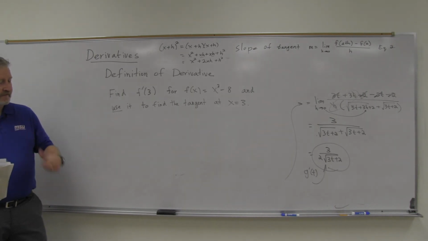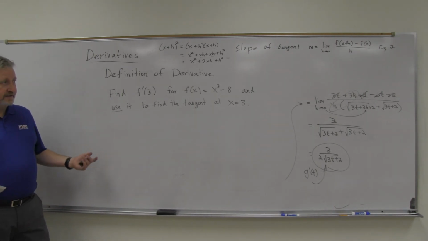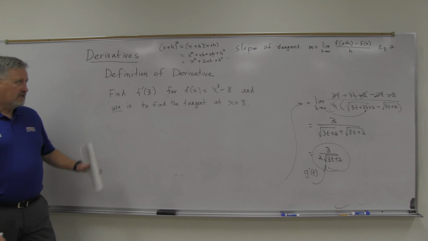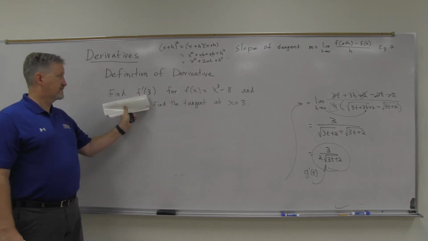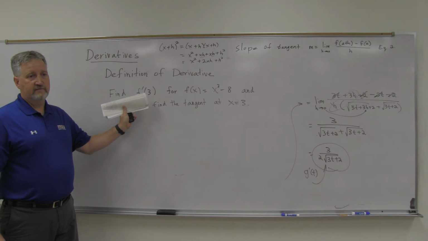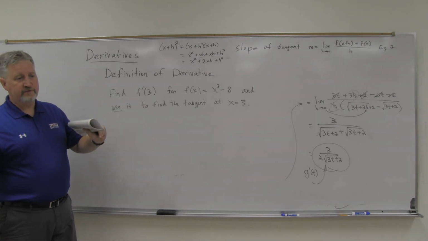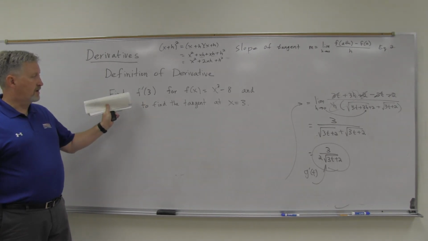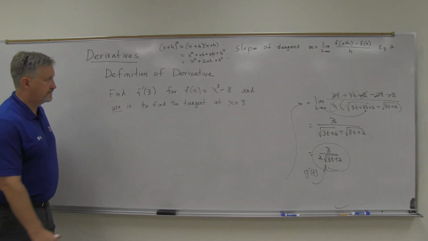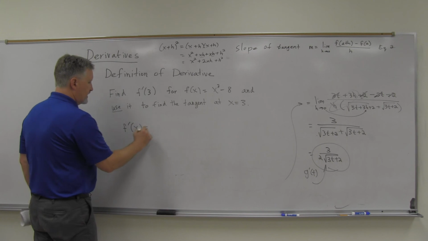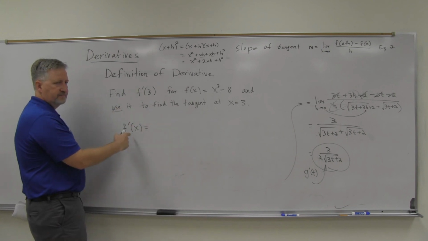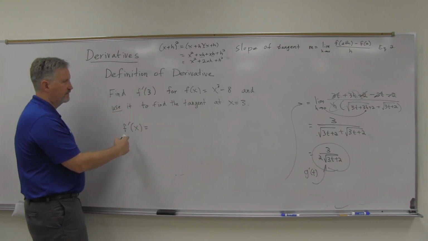Well, do what you want. I'm just going to go ahead and compute f prime of x, and then this is just saying plug in 3 for that, because it might ask me for another one, the same problem or something like that. So yeah, let's just find f prime of x, and then we'll substitute 3 for x.